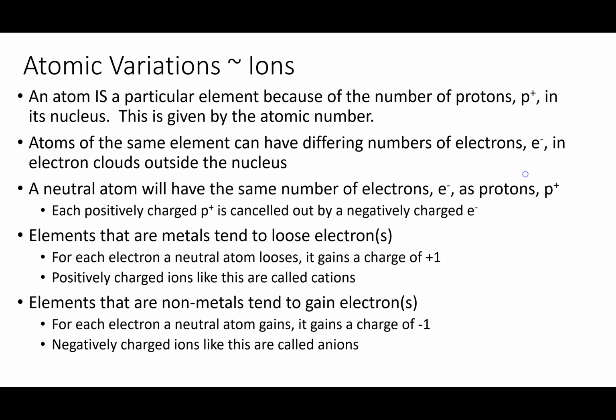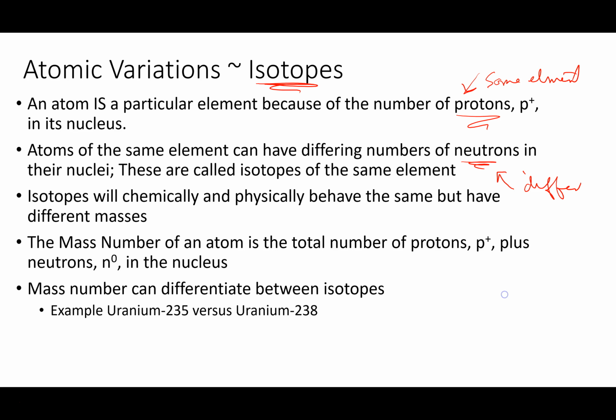Okay, so if they differ by the number of neutrons, then a few things. One is that they're going to have a different mass number, because we said the mass number is a counted number, and you literally look into the nucleus of an atom and you count the number of protons, which has to be the same because it's a particular element, plus the number of neutrons, which actually can vary.